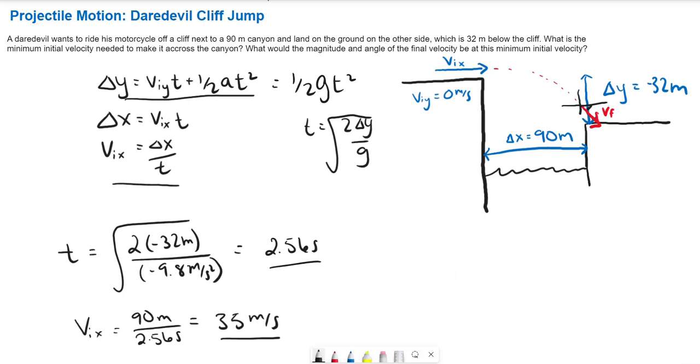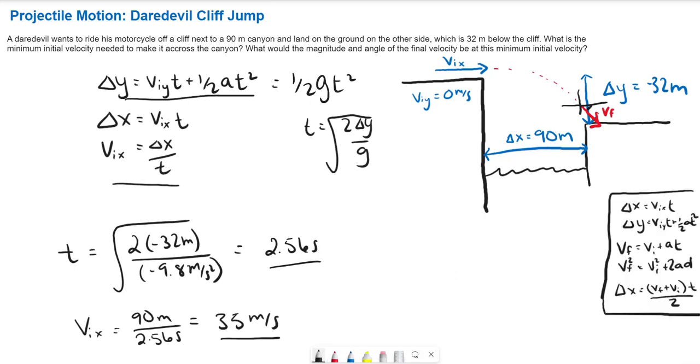If we look at our kinematic equations right here, we can try to find an equation where we can find our final velocities. So this one here and this one here have a final velocity. And we could really use either of these, but we'll go ahead and use v final equals v initial plus a t.